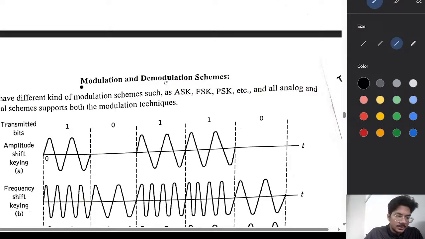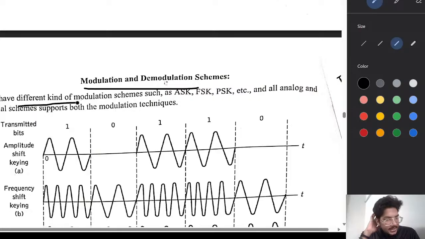So let's see the modulation and demodulation technique schemes. We have different kinds of modulation schemes like ASK, FSK, and PSK, and all analog and digital schemes support both modulation techniques.